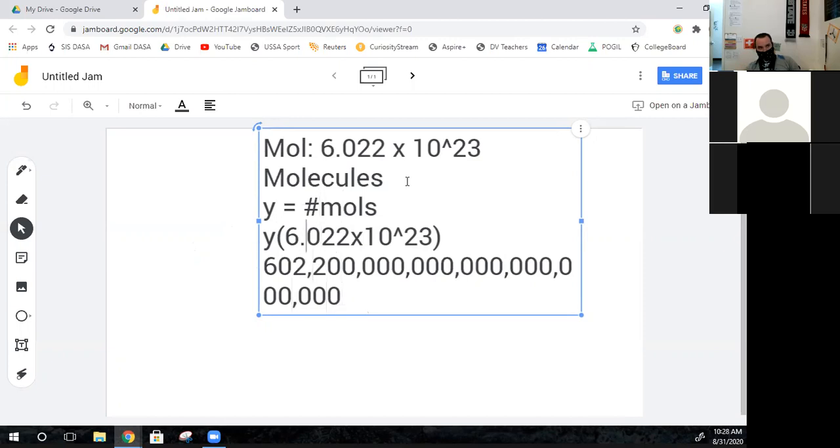So it's 6, and then a 0, and then a 2, and then another 2, and then 20 zeros. Yep. 602 septillion, that is 1 mole. Okay? It is a truly ridiculous number.